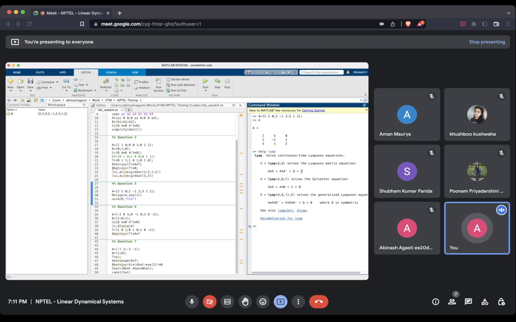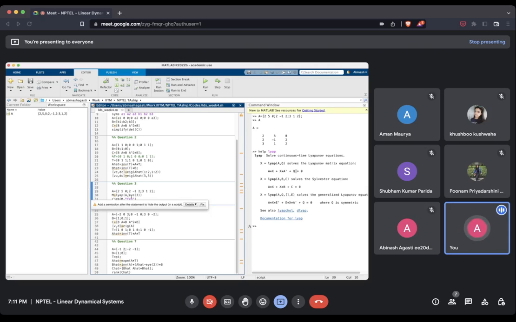So what is the equation that we want to solve? We want to solve AM plus MA transpose is equal to minus I. So you can see that this is in that form. So we want to find this M, which here is X, and Q for us is I. So I can do that by M equal to Lyap of A comma.